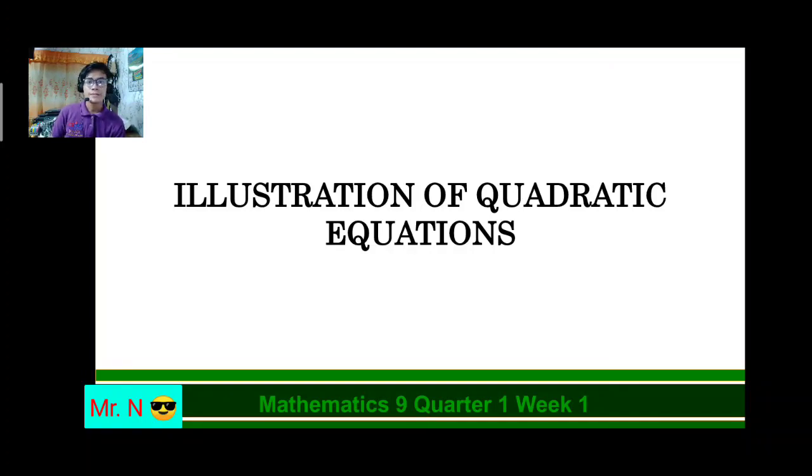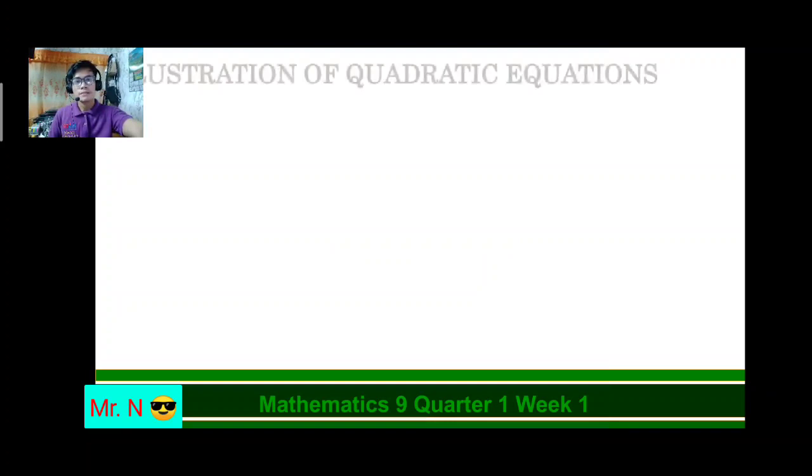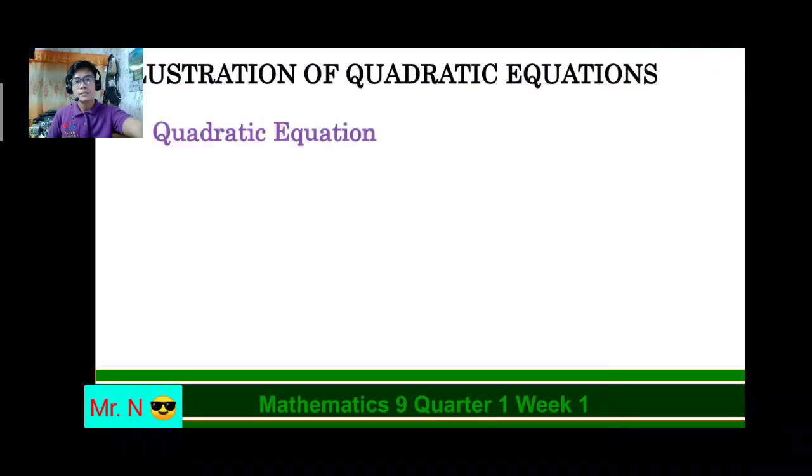So once again, I'll be teaching you on how to illustrate quadratic equation and identify its parts. Let's start by defining the quadratic equation. So quadratic equation in one variable is a mathematical sentence in degree 2.